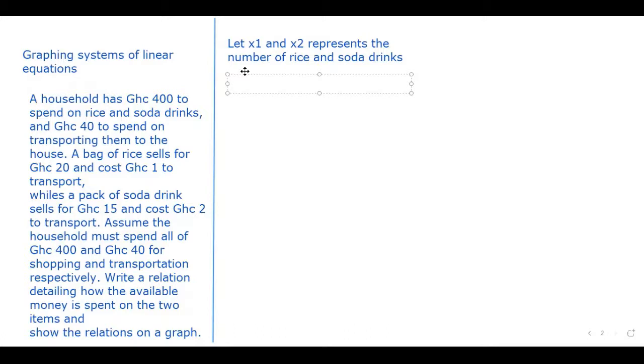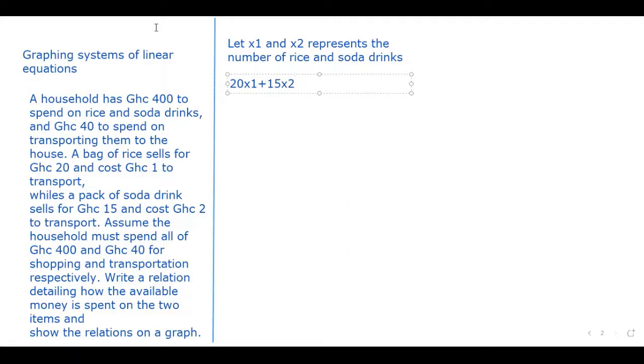So first of all, what is the unit cost of the rice? Bag of rice, it is 20. You multiply the quantity of which you don't know, so 20 times x1, plus the unit cost of the soda drinks. It is 15. You don't know the quantity, so 15x2.